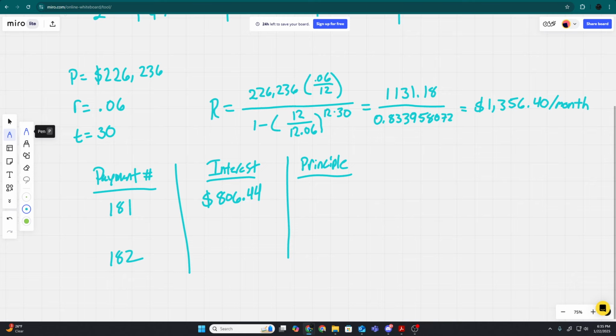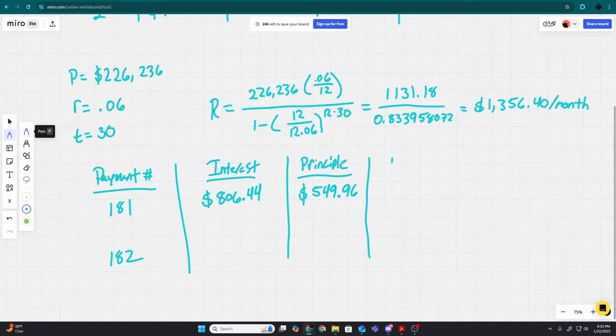So if our payment is $1,356.40, but we know we are spending $806.44 of that in interest, the principal would be $549.96.